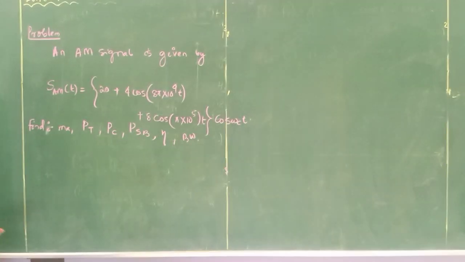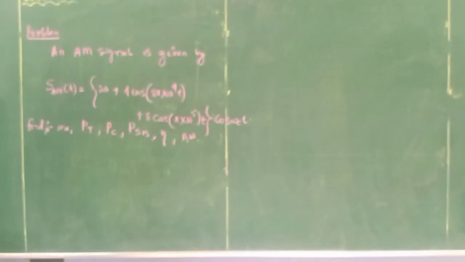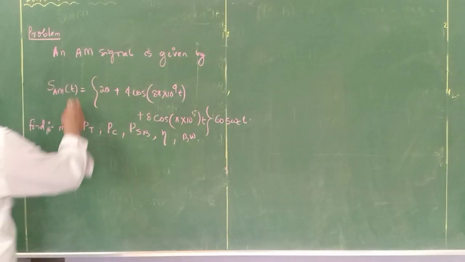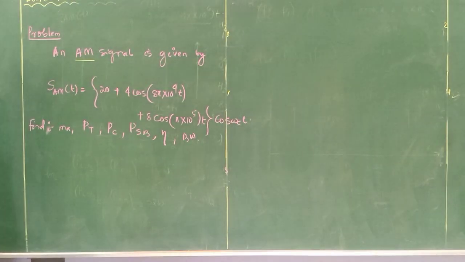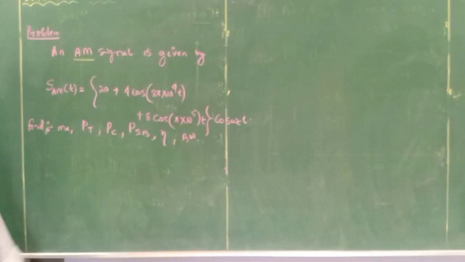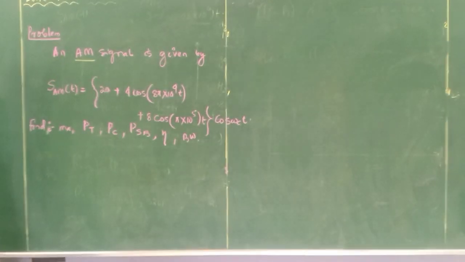Now how to start this one? First we have to represent the AM signal in terms of carrier and modulating signal with modulation index.